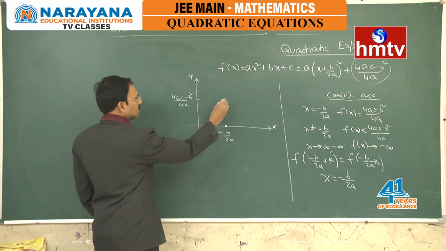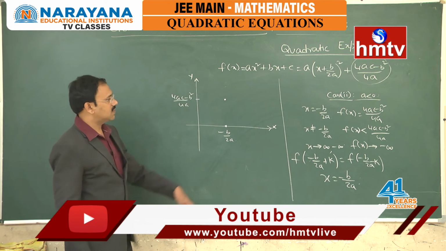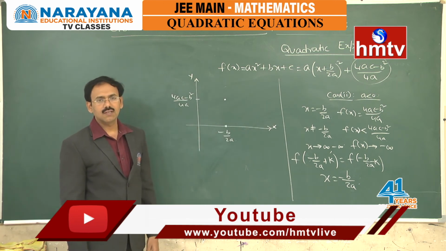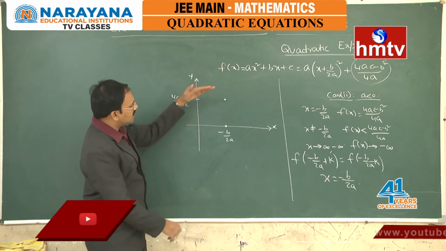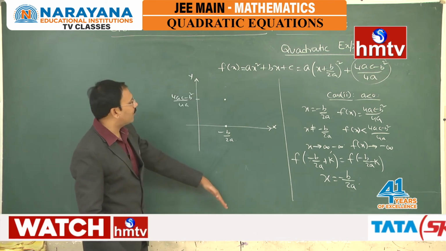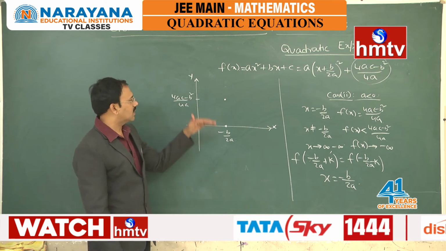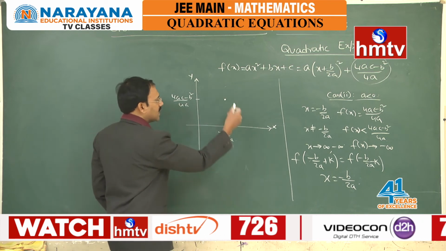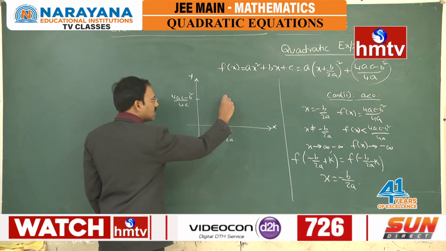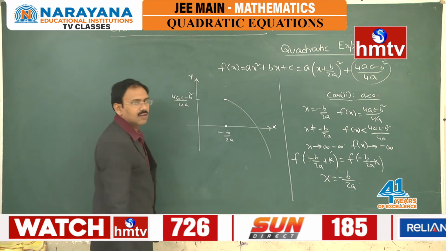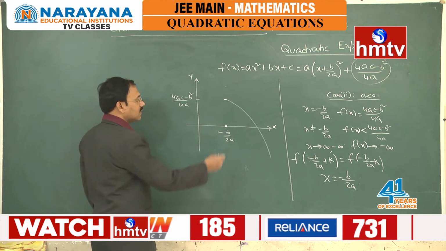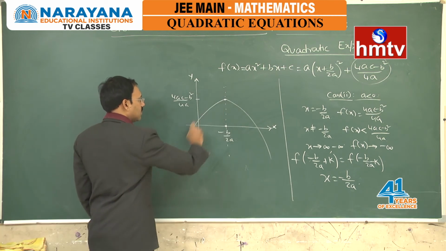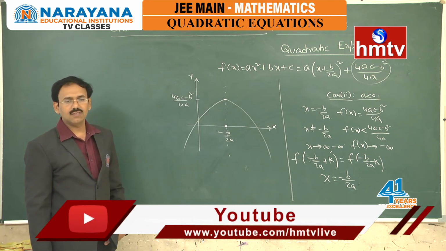In this case, the point is this, which is when x is equal to minus b by 2a, f of x is this. Then f of x is entirely less than 4ac minus b square by 4a in other cases. So, the graph will not be above this point. As x extends to infinity as well as minus infinity, it has to go to minus infinity like this, and it is symmetric about the line x is equal to minus b by 2a. So, you will get the curve like this.